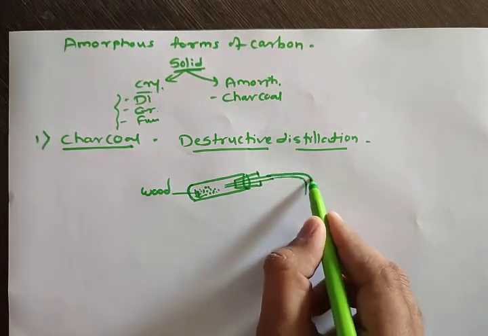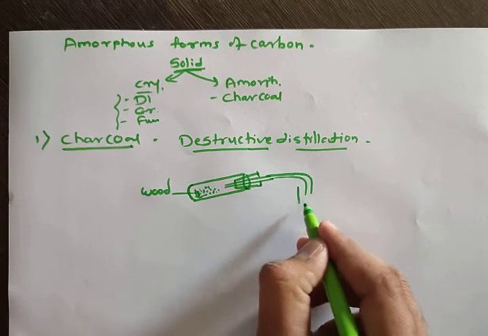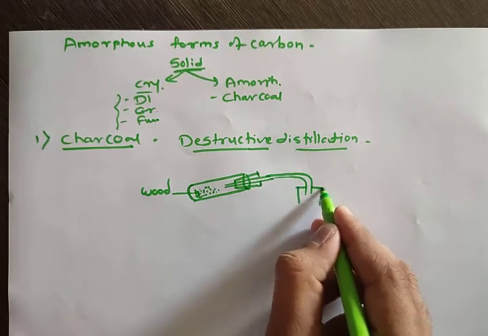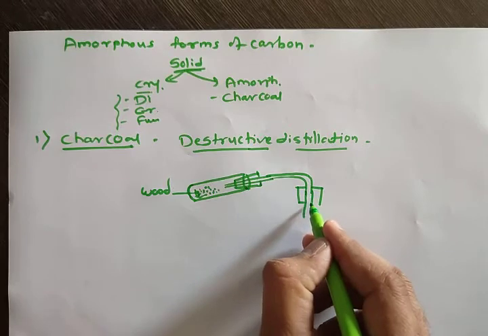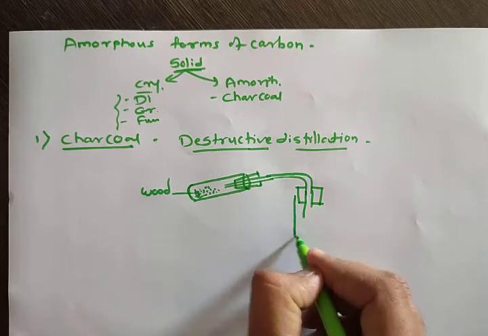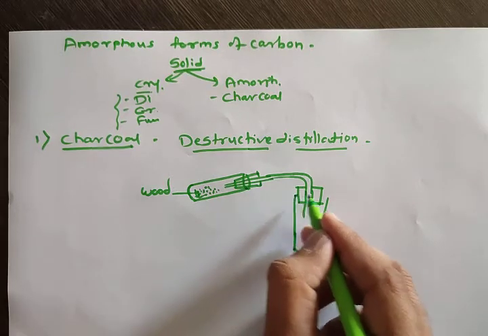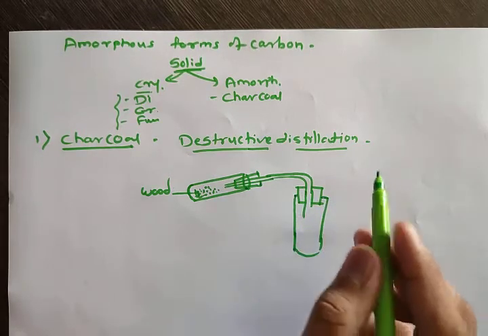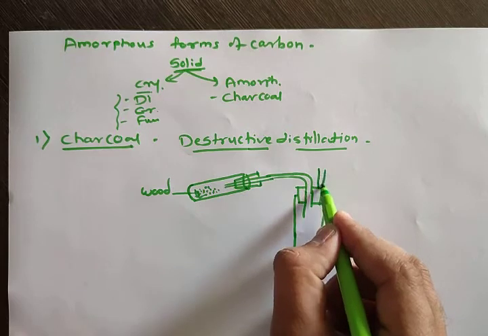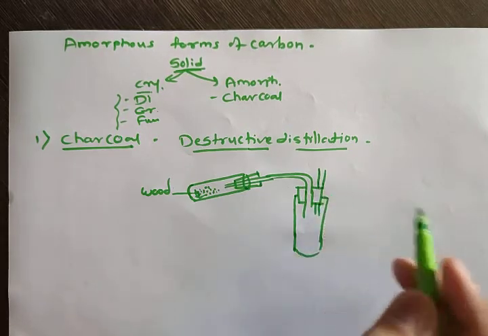In the second hard glass test tube we again covered it with a rubber cork, and one tube is there again. I'll tell why this is.